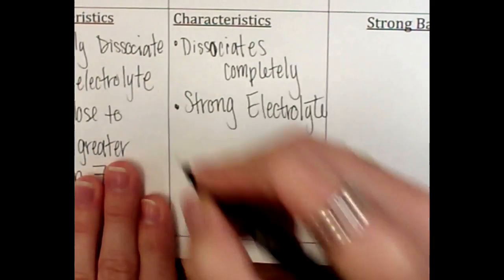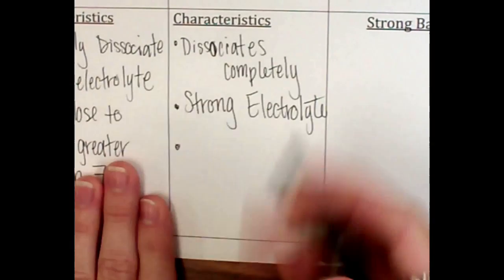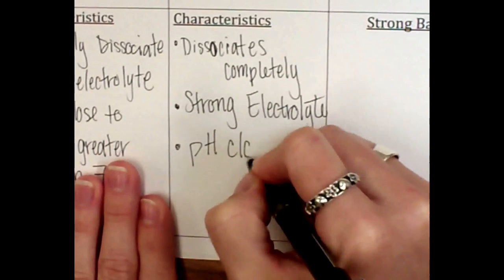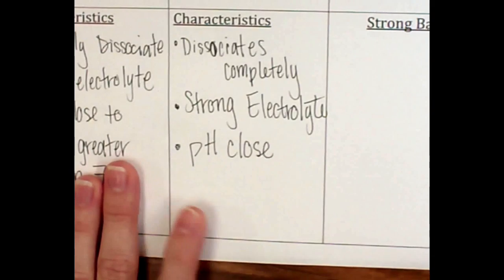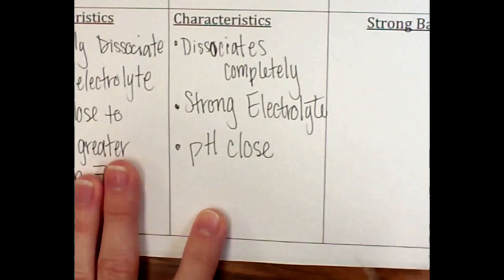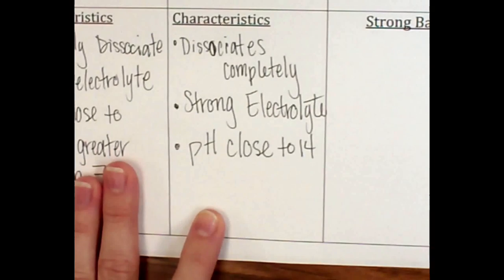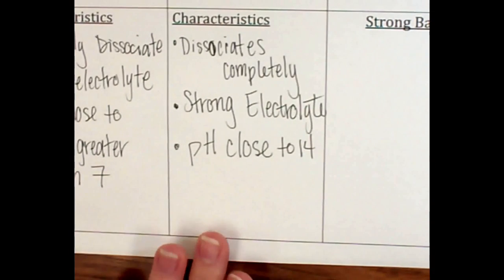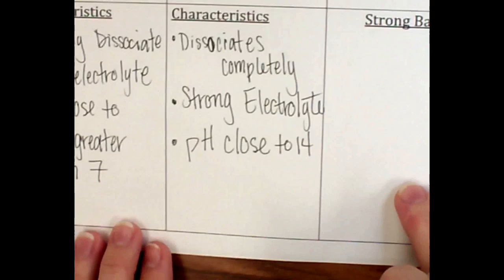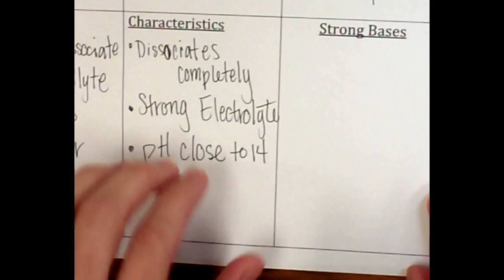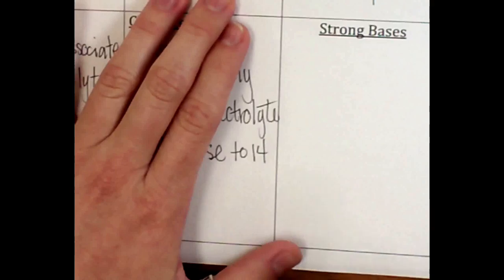Last but not least, this is the opposite end of our pH scale. The stronger the base, the closer it is to 14. Since we're not going to list every strong base from group 1 or group 2, we'll give a brief list.